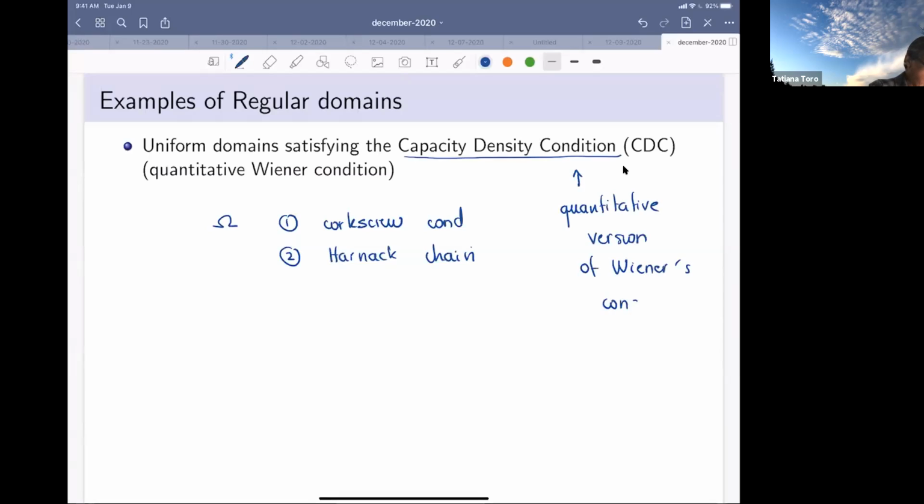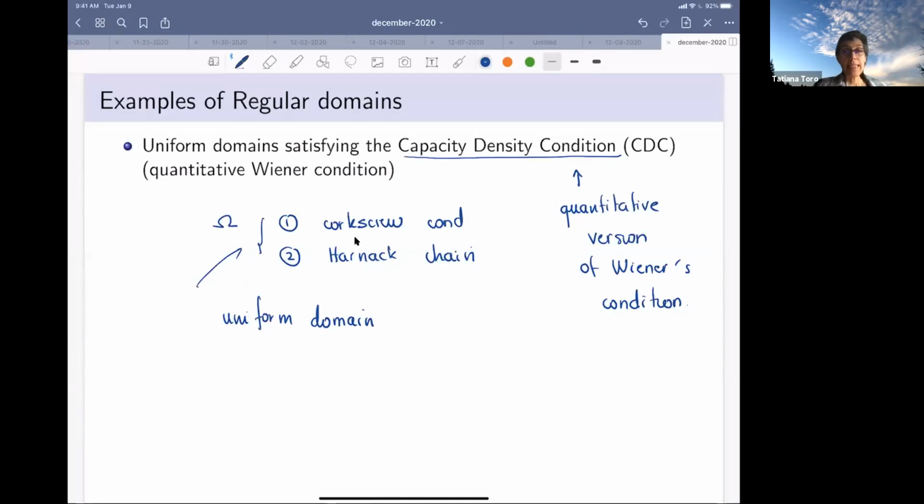To be dramatic in some sense, these are the two conditions for a uniform domain. And I should say Aikawa has beautiful work on the behavior of harmonic measure on these domains.